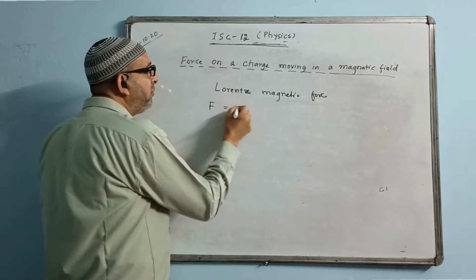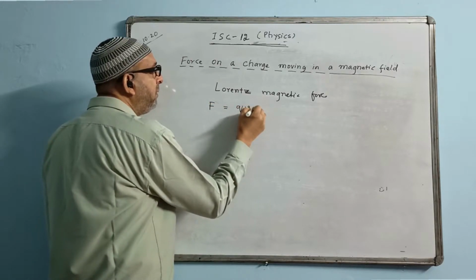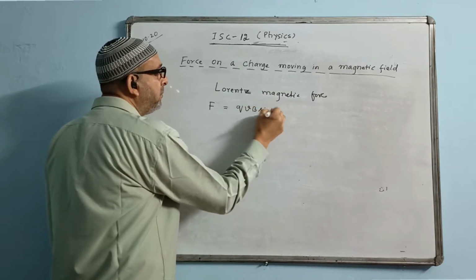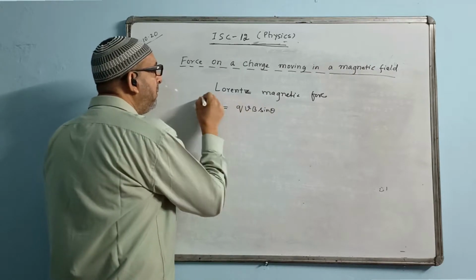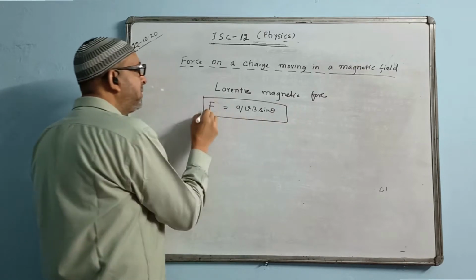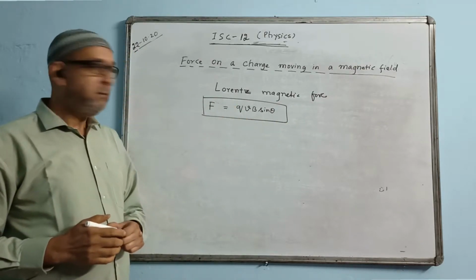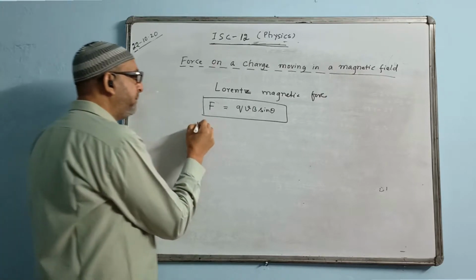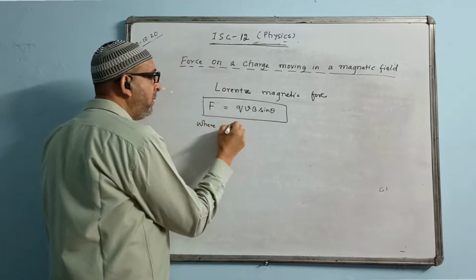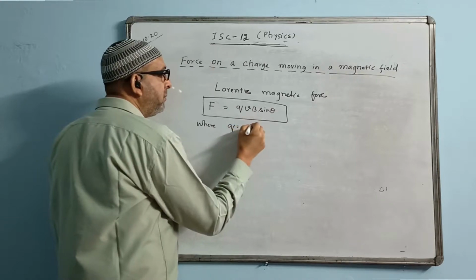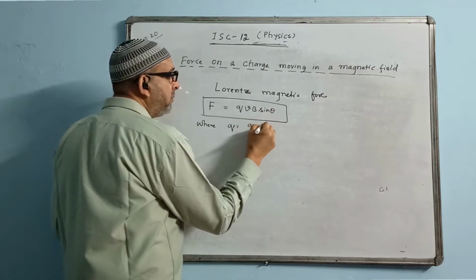F is equal to, we have the formula as QVB sin theta. The magnitude of this force is given by this equation. F is equal to QVB sin theta, where Q is the amount of charge.